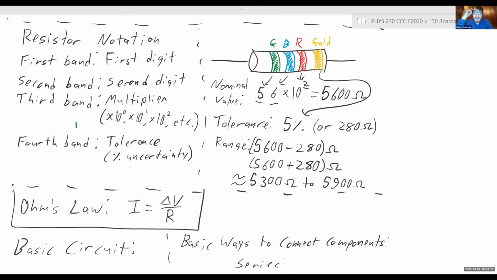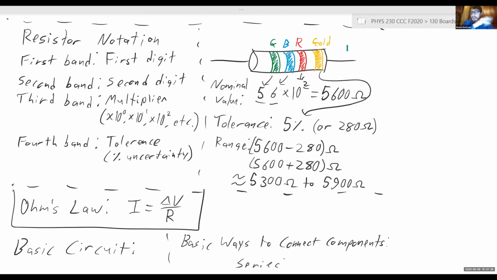So just to recap, if we wanted to read off the value of this resistor here, which has a green, blue, red, and then gold band. First, we'd read the first band. That's a green band. We can look at our table and see that corresponds to a 5. Then we read the second band.